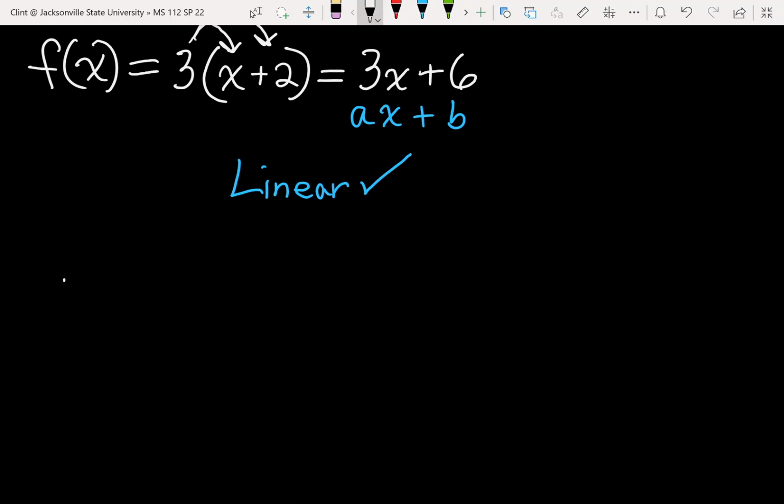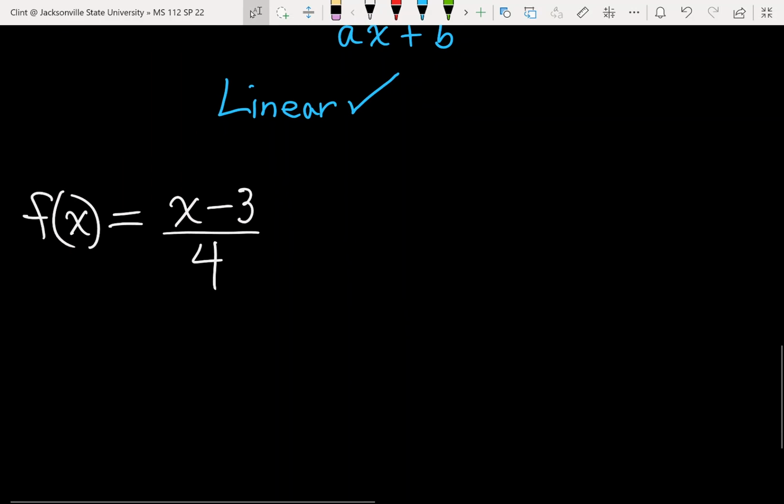Let's see, what about this? What do you think on that one?